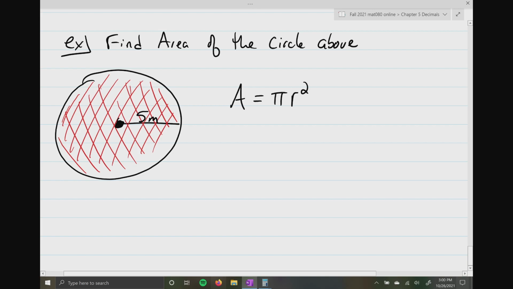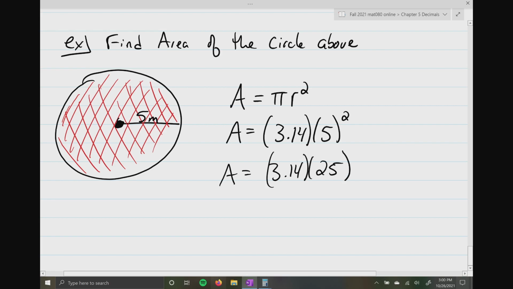Okay? So in this situation, we actually have to do a little bit of math. So area is going to equal 3.14 times 5 to the second power. And if we were to simplify this, you got to be careful because you got to do exponents first. So 5 to the second power is going to be 25.